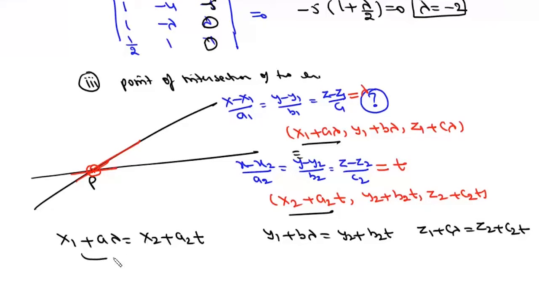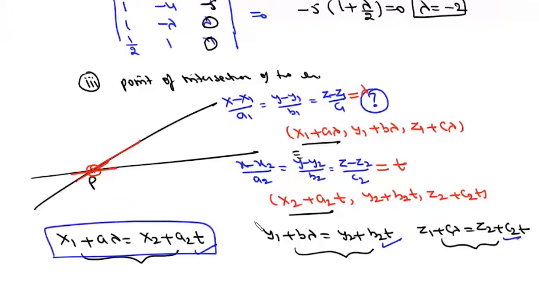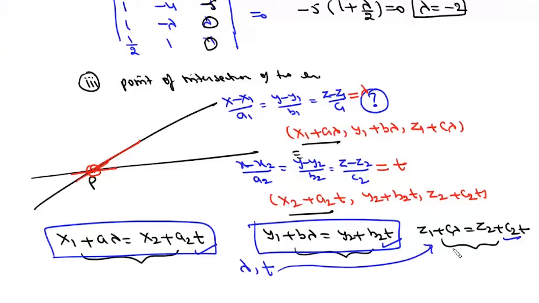Now basically these are three linear equations in lambda and t. To find whether these two lines intersect or not, we have to check the consistency of this system of equations. For this, we'll solve any two linear equations and find the values of lambda and t. And if the values of lambda and t satisfy this third equation, then this system of equations is consistent.